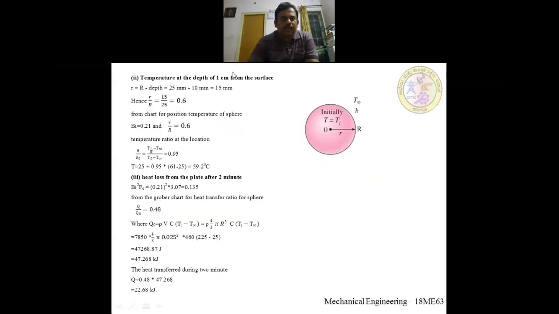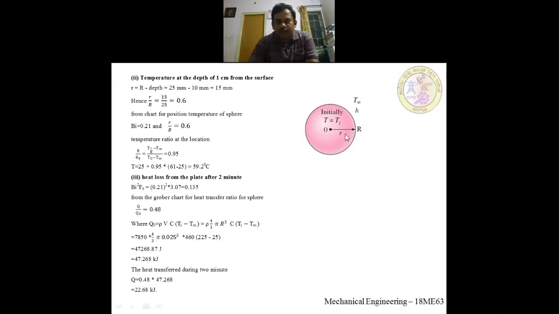Next, you have to calculate the temperature at a depth of 1 centimeter from the surface. So we have to calculate small r, that is capital R, the outer radius, minus the depth. The depth is 1 centimeter from the outer radius, in terms of mm it is 10 mm.